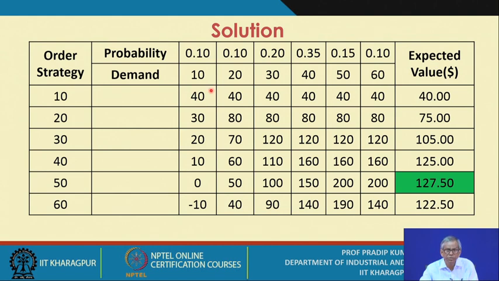So 60 minus 20, that is 40. And here also you could sell all the 10 units. So your return is 40, 40, 40, 40, 40. Look into the calculations and the assumptions under which you get these values at 40, irrespective of demand.